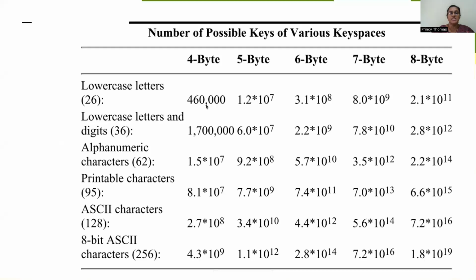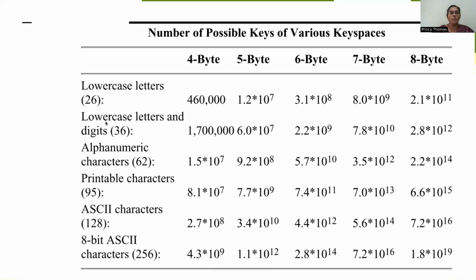You can easily see over here that as the key space increases, the number of tests that should be done for a brute force is increasing exponentially. Now this is if the key combination is only lowercase letters.